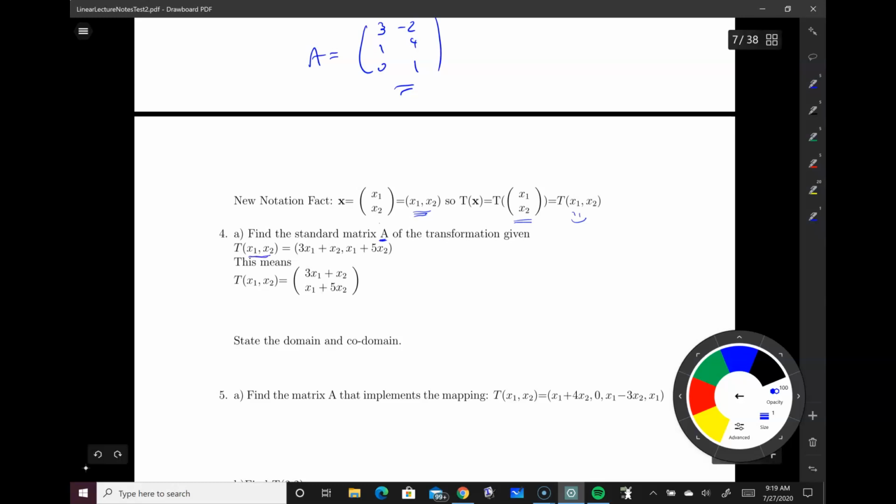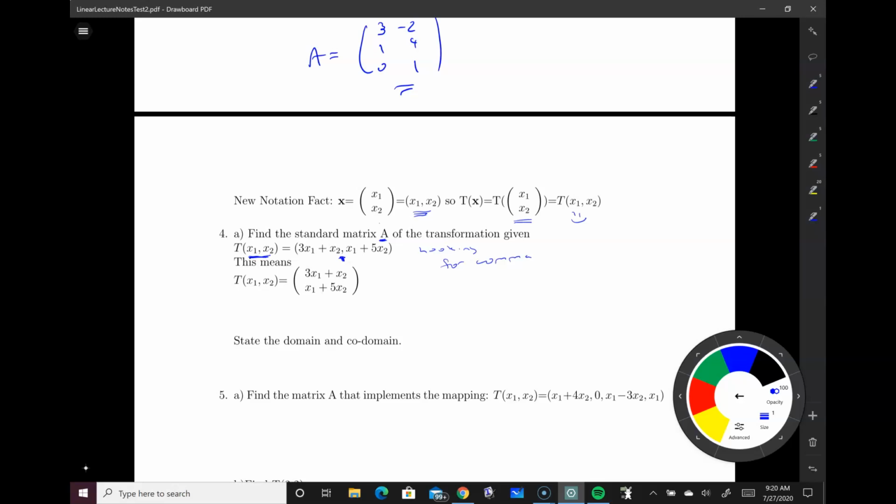It takes the column vector x1, x2, which I'm writing sideways, and transforms it. So make sure you're looking for the commas, because the commas are going to tell you the different rows of the matrix. So here's the comma right here. So 3x1 plus x2 is the first row, and x1 plus 5x2 is the second row.